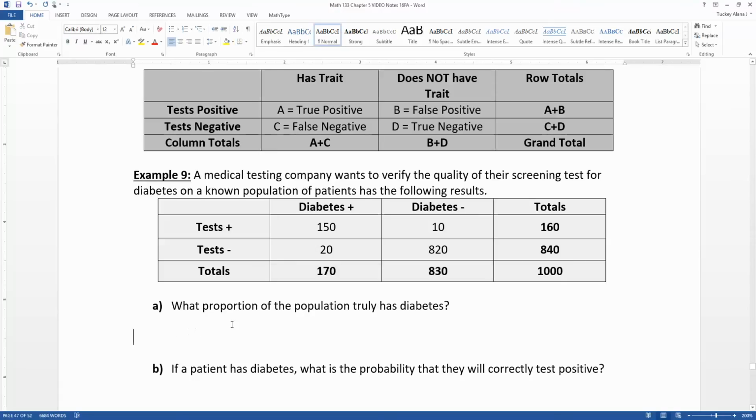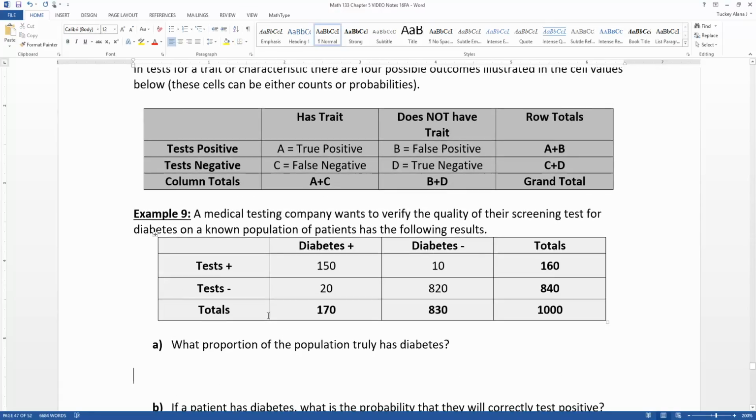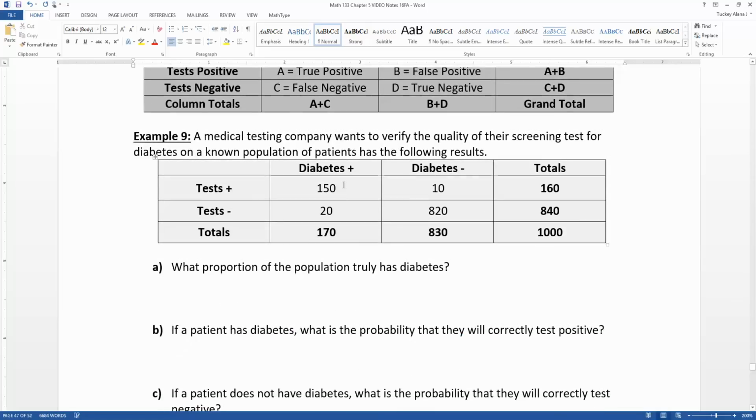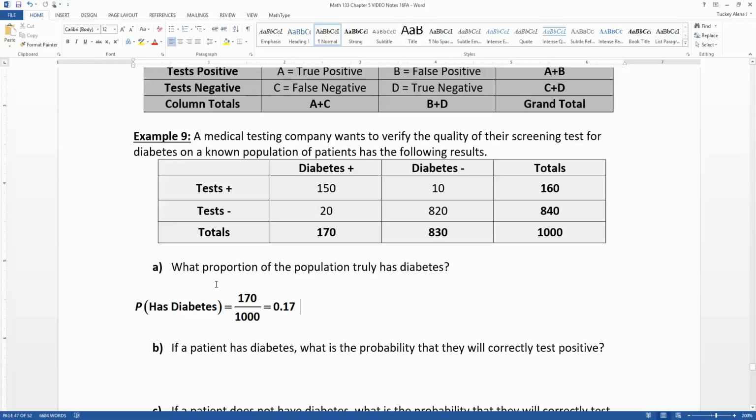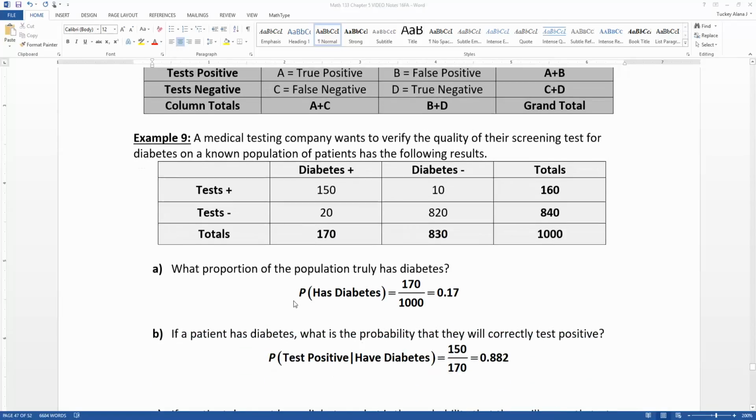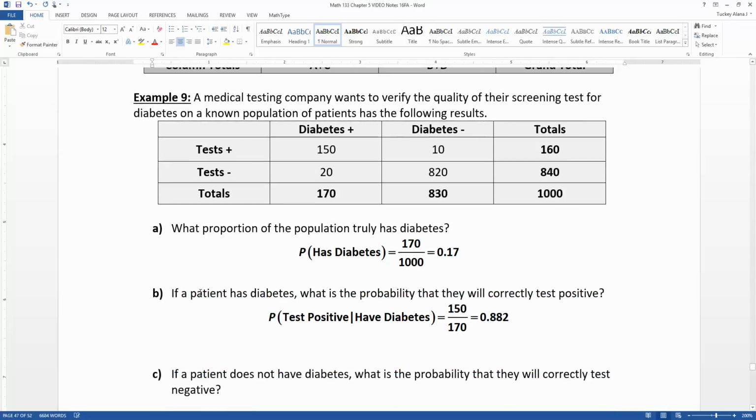Okay, what proportion of the total population truly has diabetes? Truly has the trait, truly has diabetes is right here. That's 170 out of the 1,000 people total, which is 0.17. So far, so good. Seems pretty simple. So now it says if a patient has diabetes, well, has diabetes means you're looking only at this column over here.